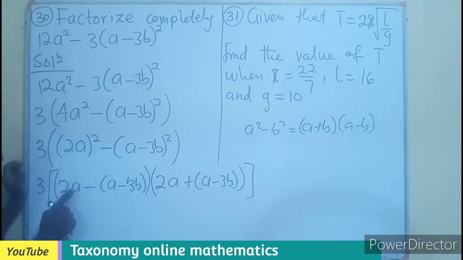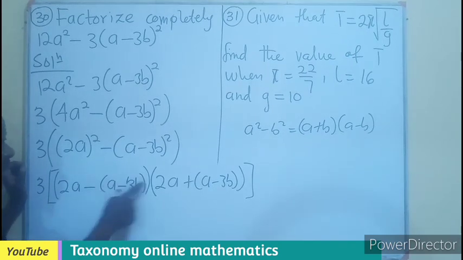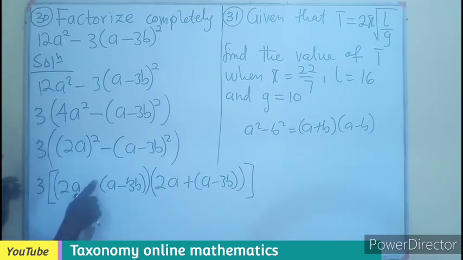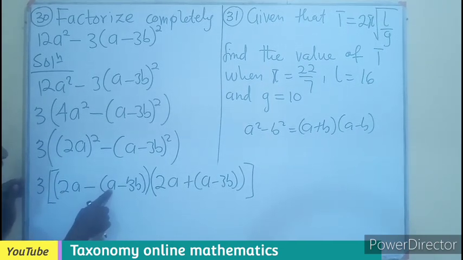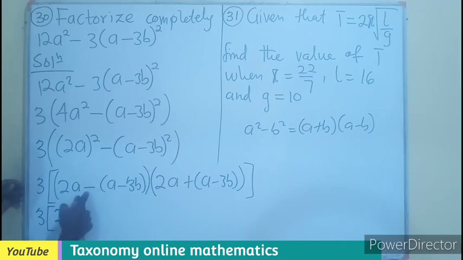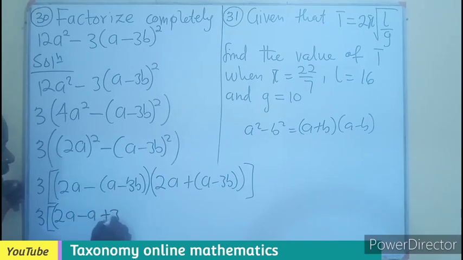We can see that a is here, a is here, so we can open the bracket in order to simplify them. If you open this bracket, the a will become negative. So we're having 3 into bracket 2a, minus a, the negative 1 times negative 3b gives positive 3b, bracket close.